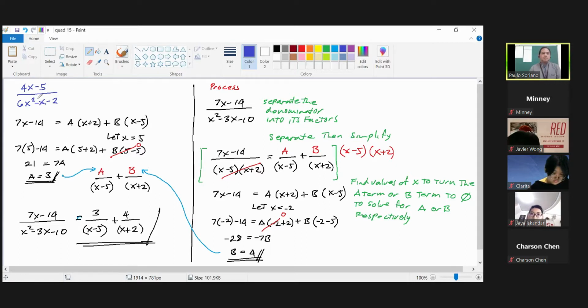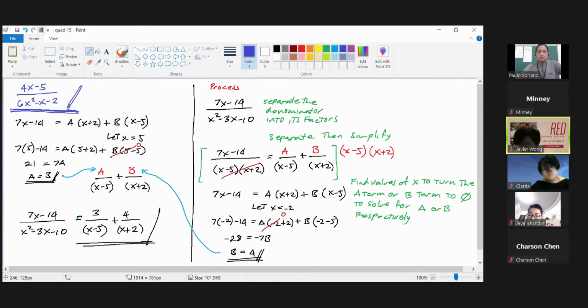Break it first. I do not want you to take integrals of this one first. Just break it first for your practice. Okay, teacher.